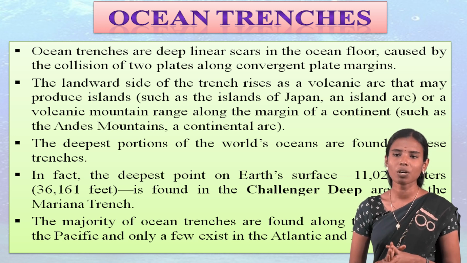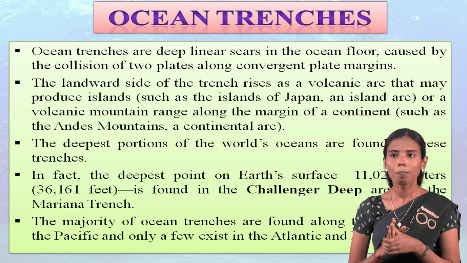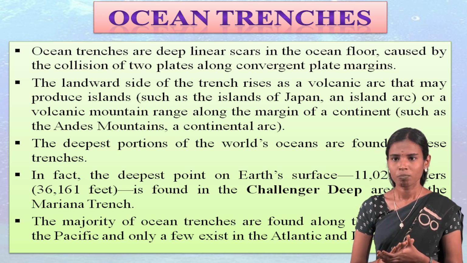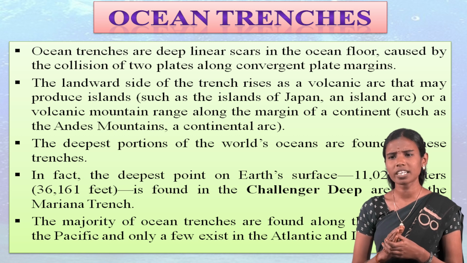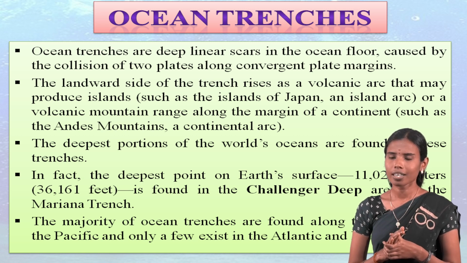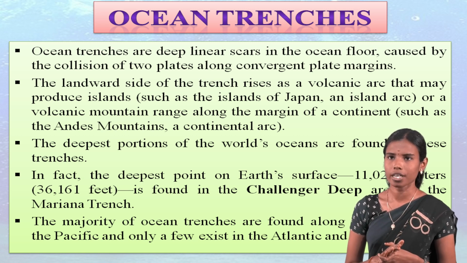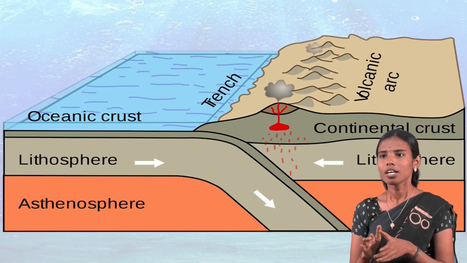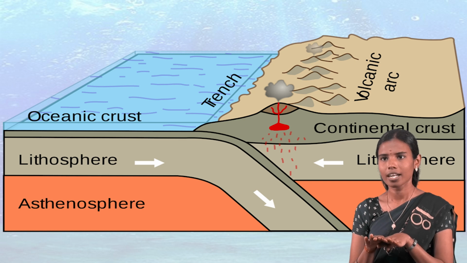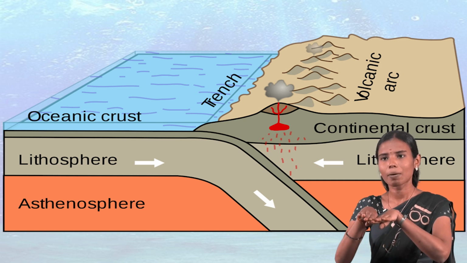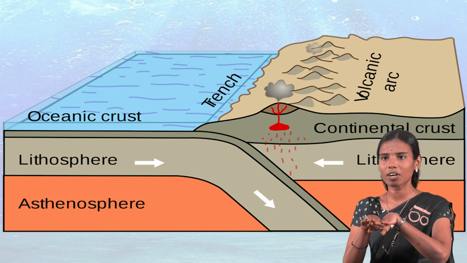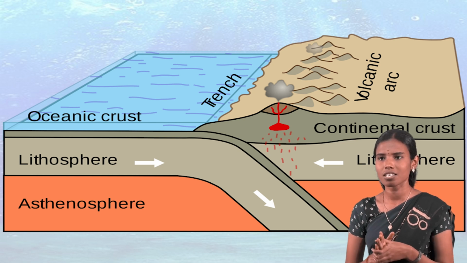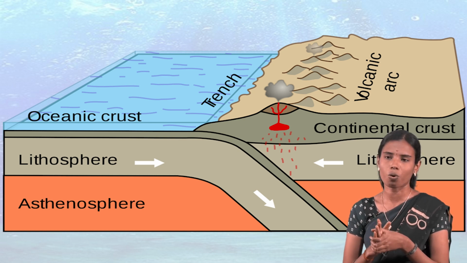The majority of the ocean trenches are found along the margins of the Pacific Ocean, and only a few oceanic trenches exist in the Atlantic and Indian Oceans. This is the picture of oceanic trenches where two plates collide with each other and the lighter plate subducts below the heavier plate and forms a trench, and the trench is an important destructive zone.